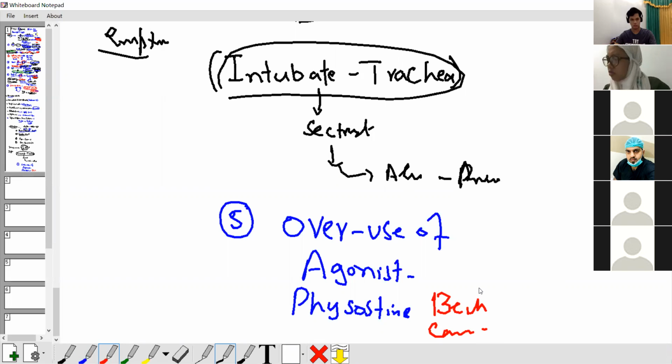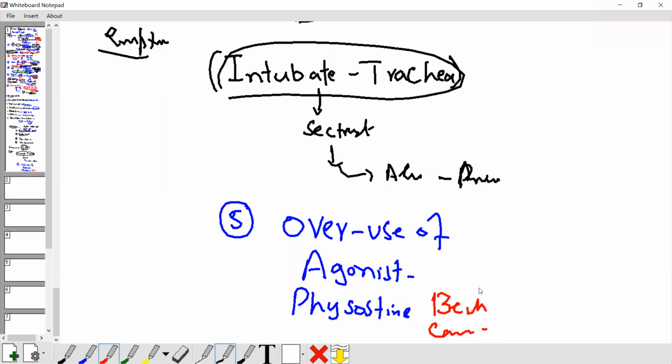Atropine can block the M3 receptor and M1 receptor. It does not go for the nicotinic receptor; you must keep that in mind.